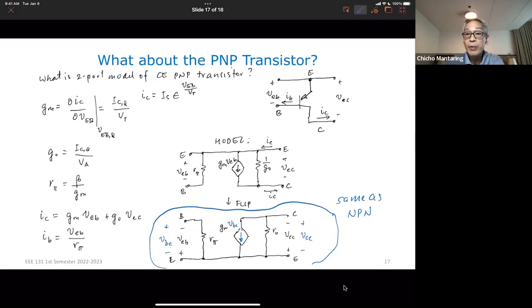And that's what you're going to be doing for Module 5 and Module 6. In Module 6, the extra complication of high-frequency analysis is going to come in because your capacitors now are going to come into play.